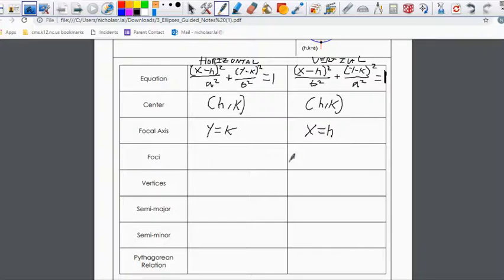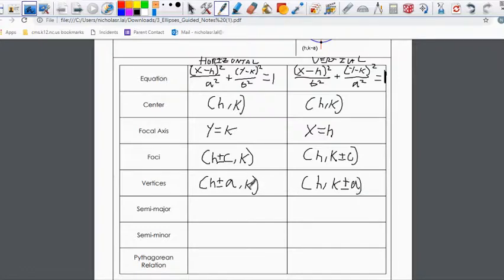The foci are going to be h plus or minus c, k. And here it'll be h, k plus or minus c. The vertices will be at h plus or minus a, k, for horizontal, or h, k plus or minus a.